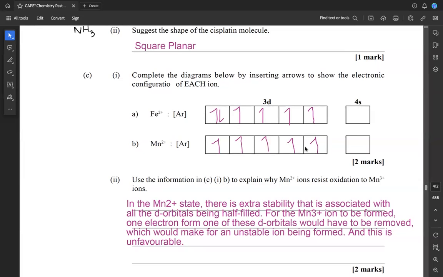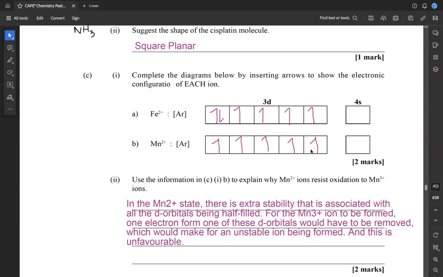That's energetically unfavorable. It's more favorable to remain in a state where you have one electron in each of the d orbitals than one where there's nothing in it. So it would rather stay in this Mn2+ state where the electrons are distributed across all 5 d orbitals.